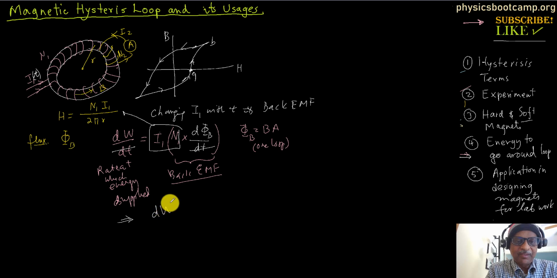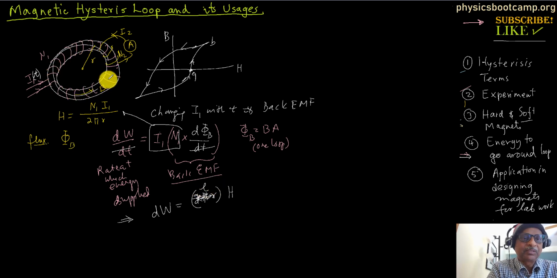So the amount of work, a tiny amount of work for a tiny amount of time, is H times 2 pi r, which is some constant, times H. This is the length of the whole thing. Let's call it the length.